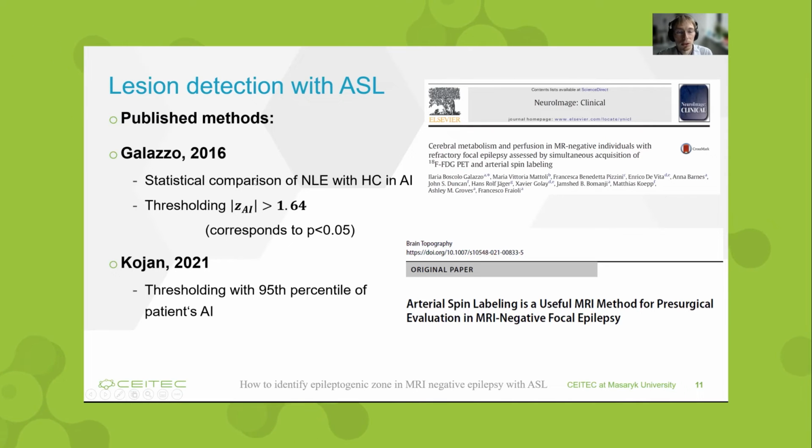The Galazzo team used a comparison of a patient with non-lesional epilepsy with healthy controls. They also used asymmetry index data, and they used thresholding based on Z values greater than 1.64, which corresponds to a t-test with p-value 0.05. The team of Koyan used thresholding with the 95th percentile value of the patient's asymmetry index.